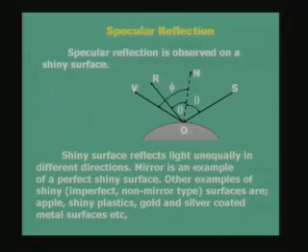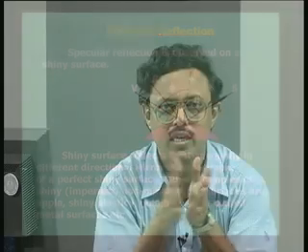If you look at the slide now, specular reflection is observed on a shiny surface, unlike the ambient or the diffuse term, which reflects light equally in all directions. The ambient component is due to interreflected rays, many of which combine together and fall on a particular surface. We have also seen the effect of distance or atmospheric attenuation, specifically in the case of diffuse reflection.